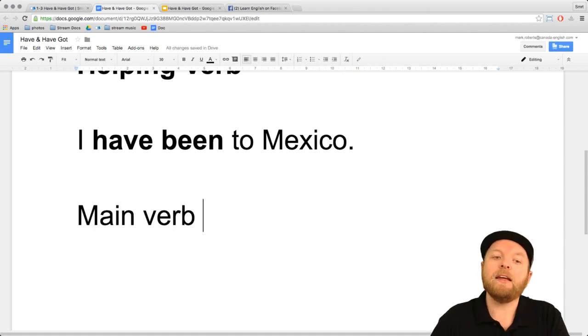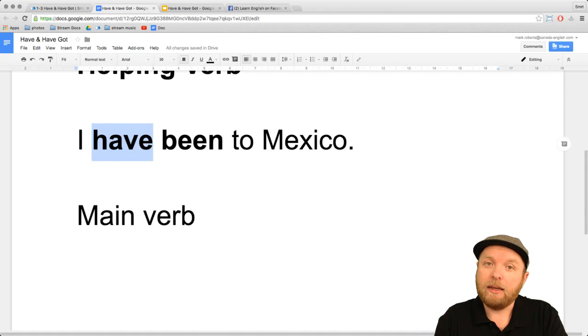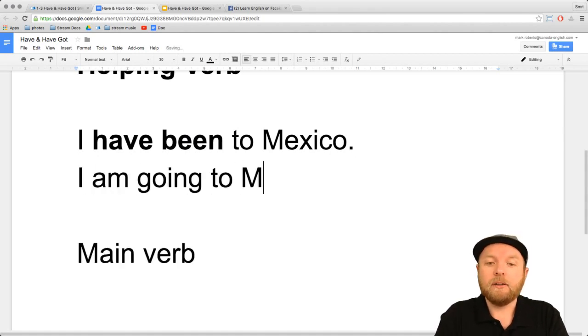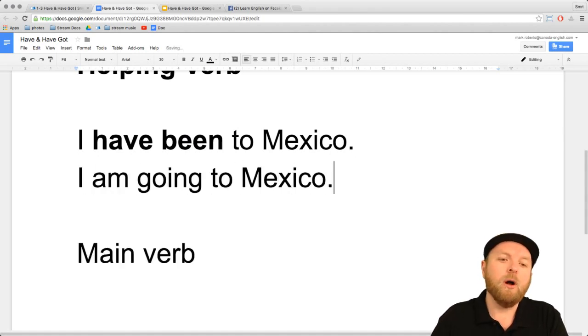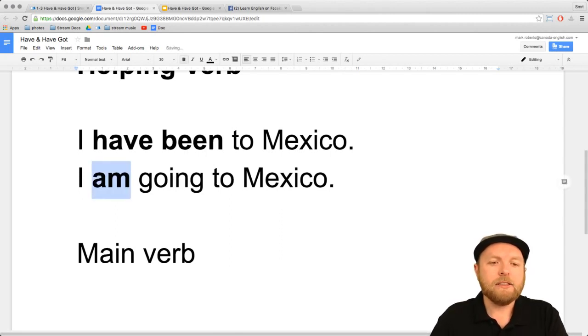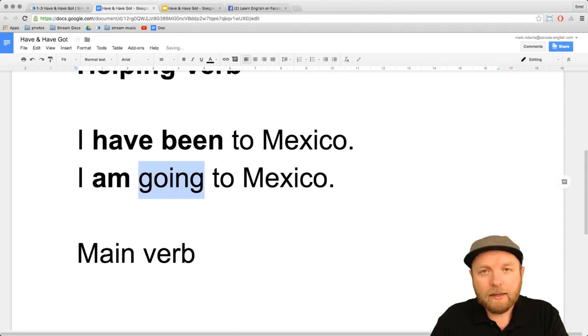Have is helping the main verb. Let's look at another sentence. I am going to Mexico. Again, we have two verbs, and in this situation, going is the main verb, and am is the helping verb.